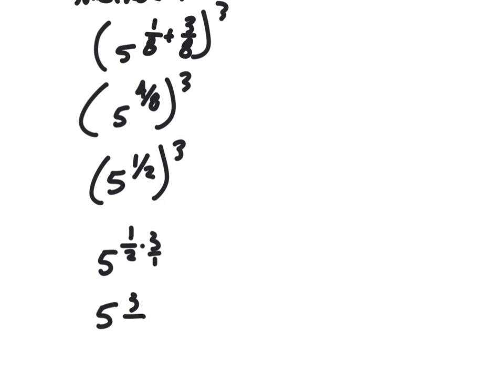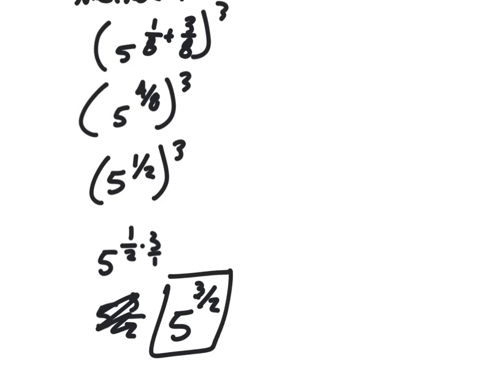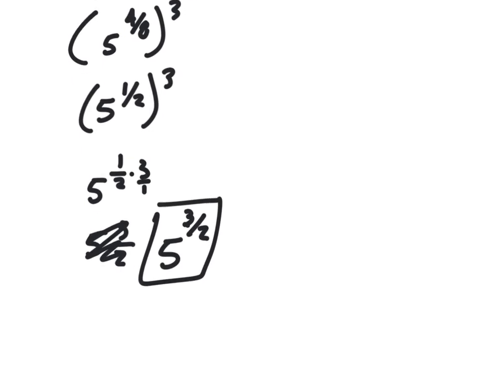Okay, and then 2 times 1 here is just going to give me 2. All right, and that doesn't look very good. So let's scratch that out, and this should be 5 to the, got to write it small, 3/2 power. Okay, now I could also turn this into a radical, and I could write this as the square root of 5 cubed, okay?